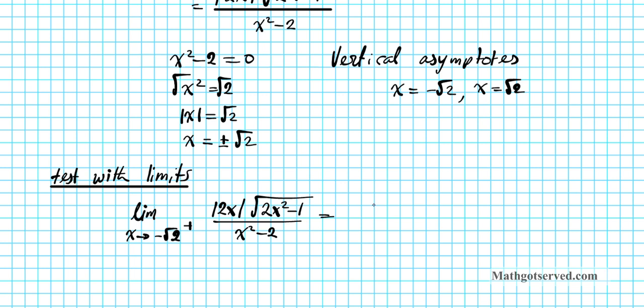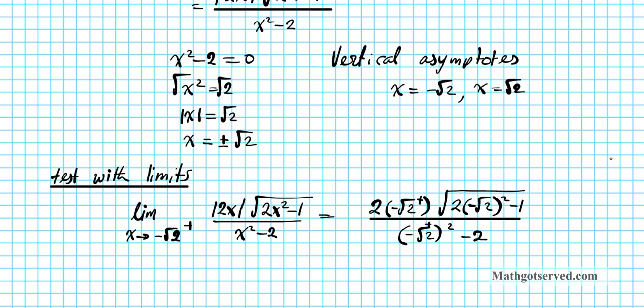We're going to have 2 times negative root 2 from the right, times the square root of 2 times negative root 2 squared minus 1, and this whole thing divided by negative root 2 from the right squared, minus 2.